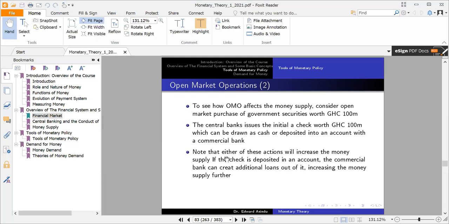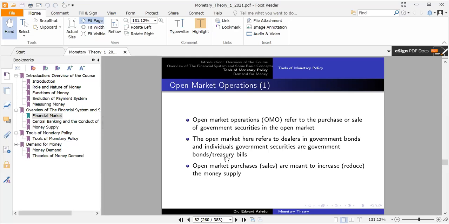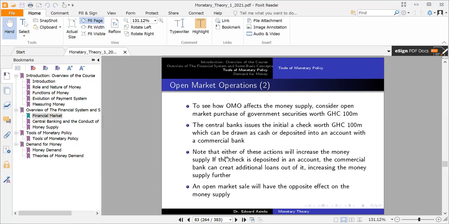Government sells treasury bills or government bonds, and everybody can buy. Everybody in the economy can buy. You have money sitting in your savings account. You can even go and withdraw it and buy government treasury bills, if the treasury bill is giving you a higher rate than what you are getting on that savings. So we can all buy.